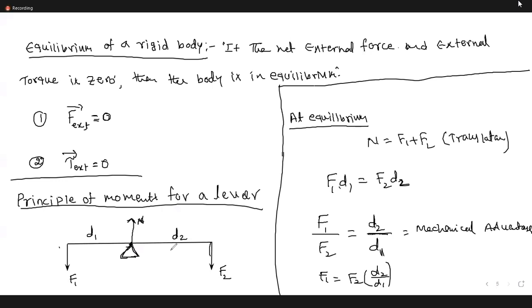If the distance D2 is increased and F1 is increased, it will still be in equilibrium, no sir? If the same amount of force F1 is increased by increasing D2, then it will be in equilibrium only.